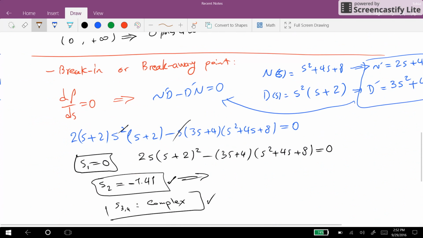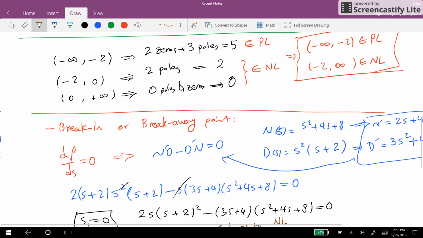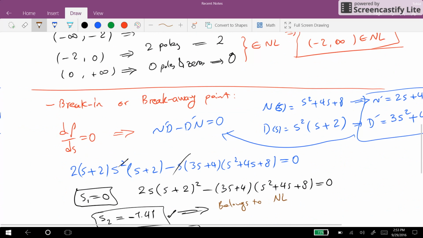So that means that this belongs to the negative locus. And we can also determine whether it's a break-in or breakaway point. By looking at the diagram here, I can say that it will be for sure a breakaway point. Why? Because I know that this pole here will move towards plus infinity on the real axis, and at this point it will break away from the real axis. So this is a breakaway point.